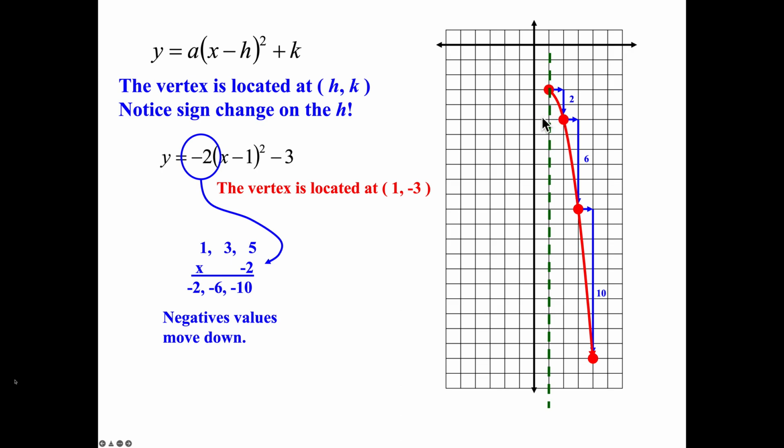This is the line we flip over, the dashed line, not the y-axis. So this point is 1 to the right of the axis of symmetry. We'll go 1 to the left. Here I'm 2 to the right, 2 to the left, 3 to the right, 3 to the left, and I graph my parabola.